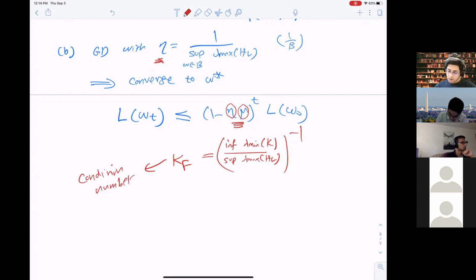If my condition number is close to 1, let's say my condition number is 2, the inverse of it is going to be 1/2. So I'm decreasing my loss with an exponential rate of like 1/2 to the power t.